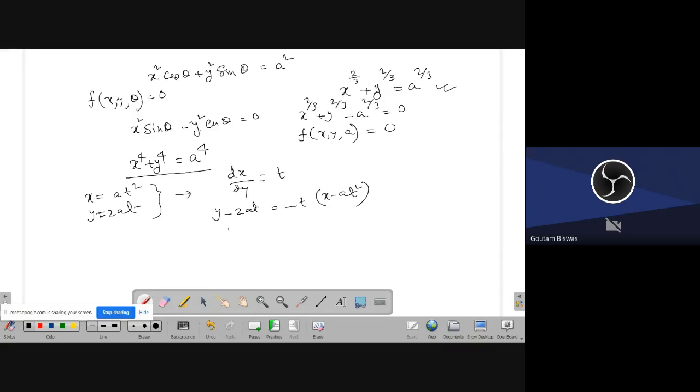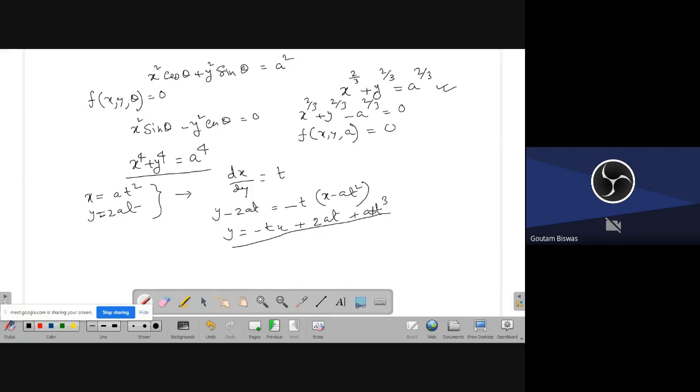So y = -tx + 2at + at^3. Now why this minus sign? Because mm' = -1. So this is the equation of the normal at that point.